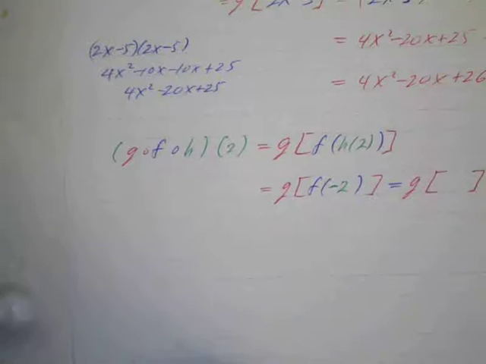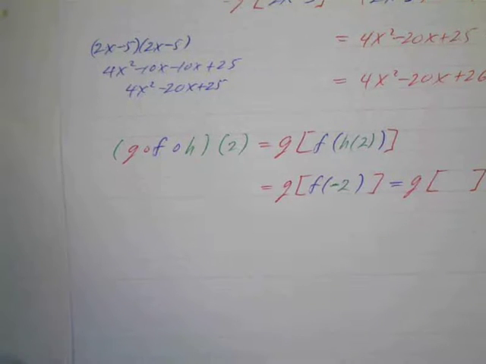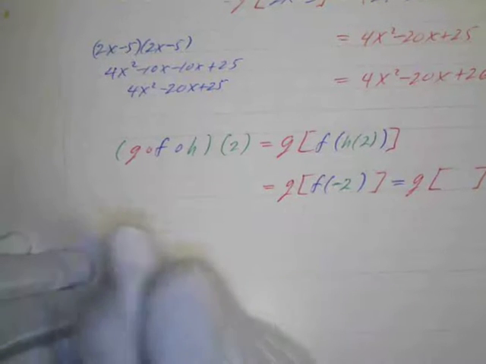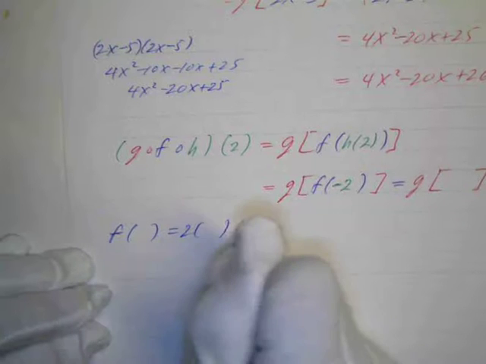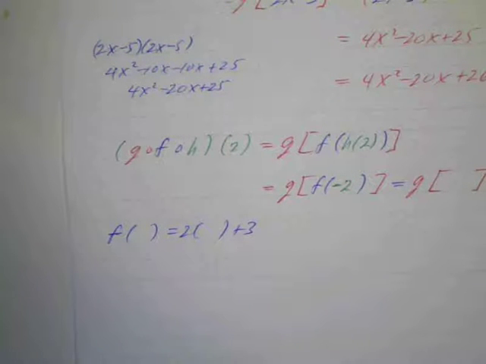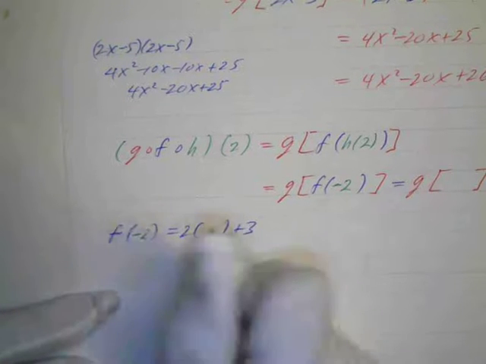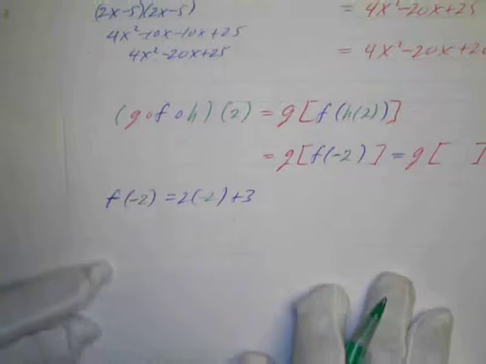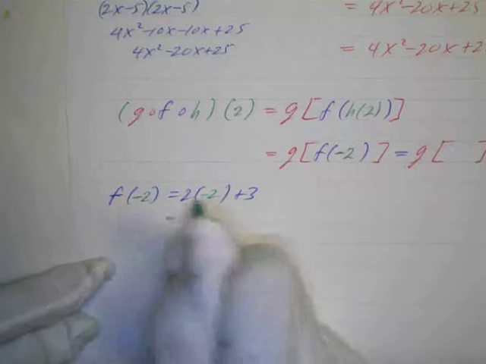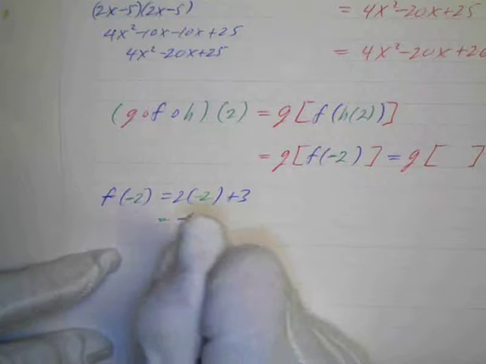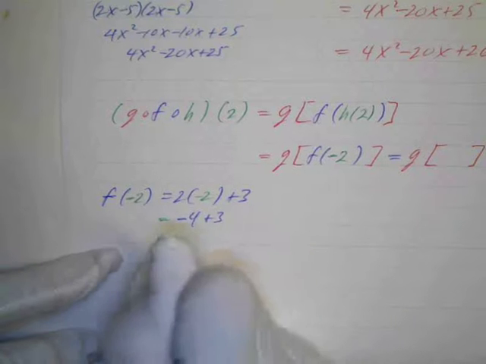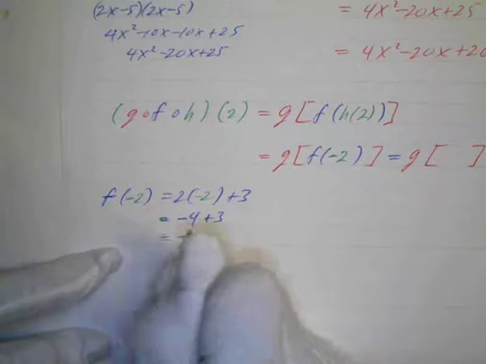You can work it out over here if you wanted to do that. f of negative 2 equals negative 4 plus 3, and that just equals negative 1.